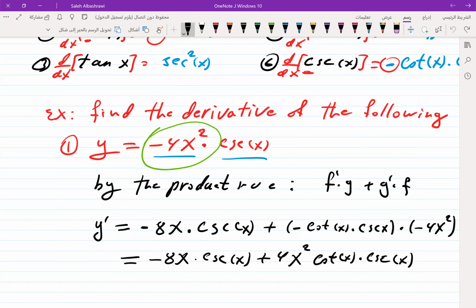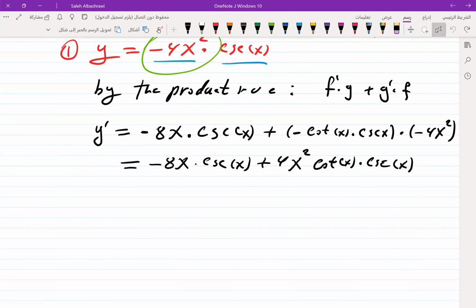Let me take another example. Number 2. Y equal to secant of x plus 3 tangent.